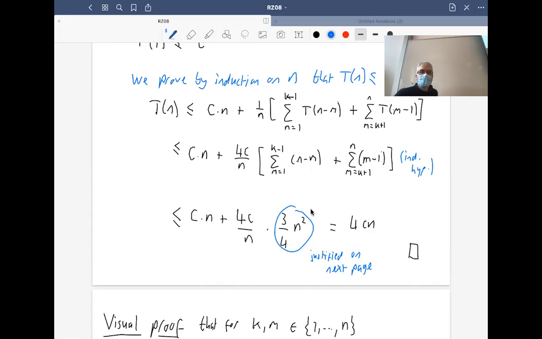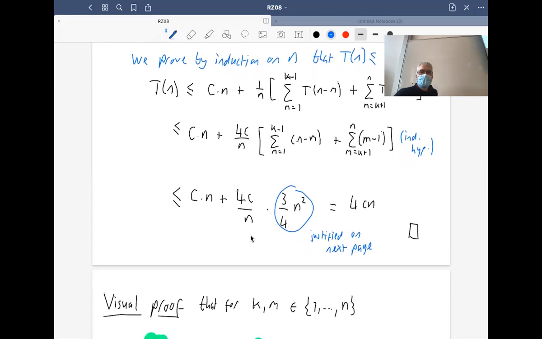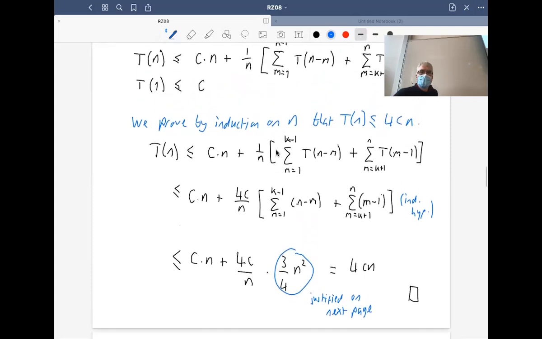But anyway, let me just tell you that this value here is less than or equal to 3/4 n squared. When we plug that in, it all cancels and we get 4cn. So indeed, by induction, we've proved the inequality we want to prove.